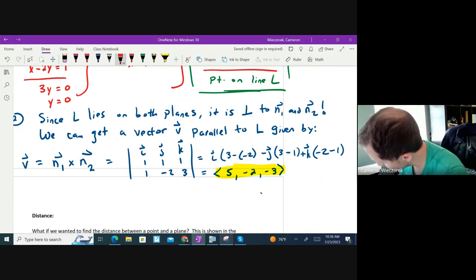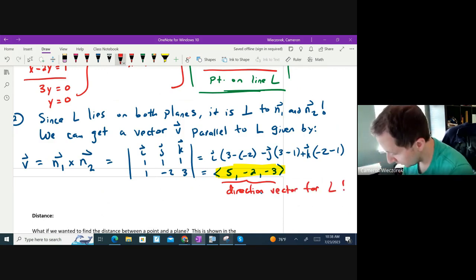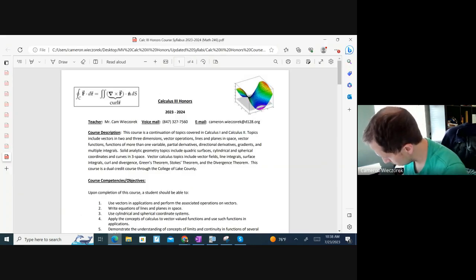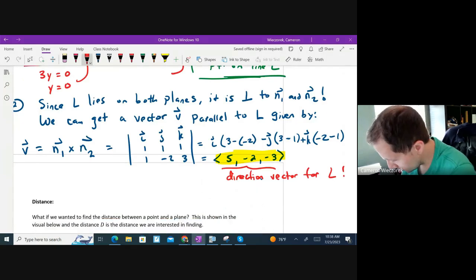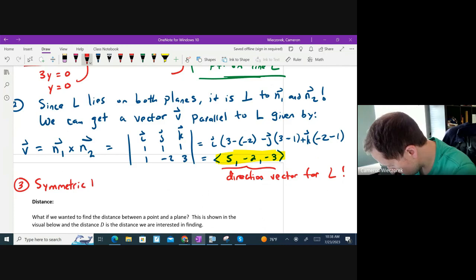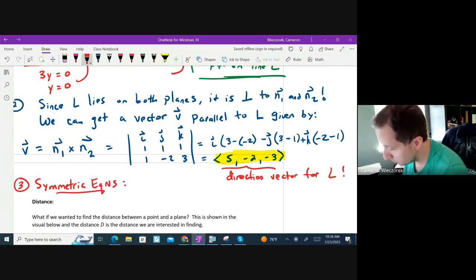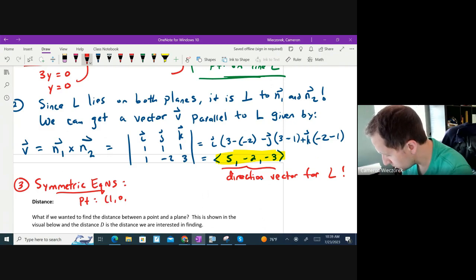I'm going to make note of that. So this gives me a direction vector for L. And so finally, put it all together. Symmetric equations, that was what they asked for. Okay, we were using the point on the line. We found the one where it intersected the xy plane was (1, 0, 0).